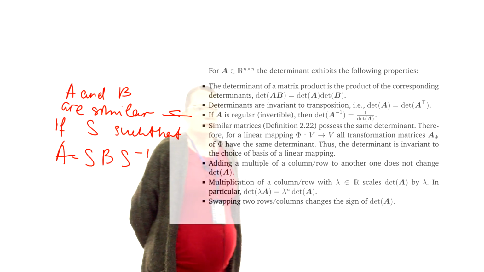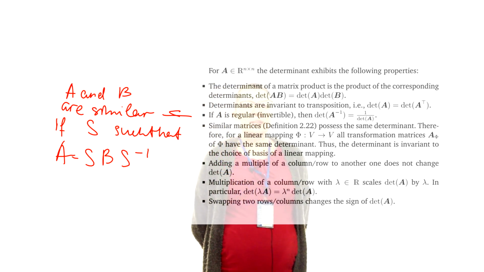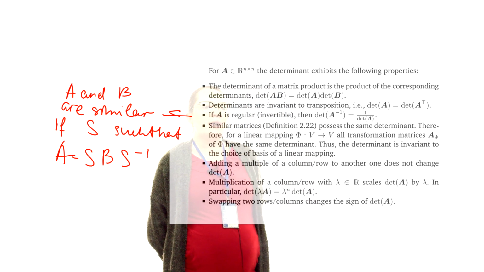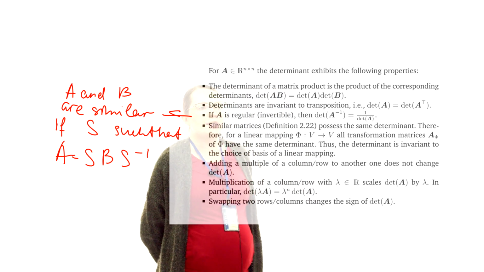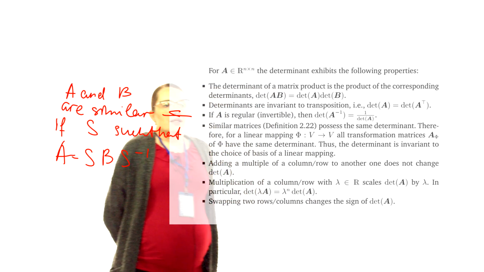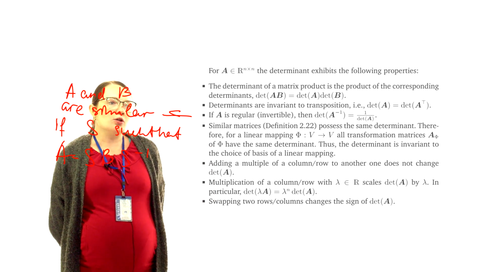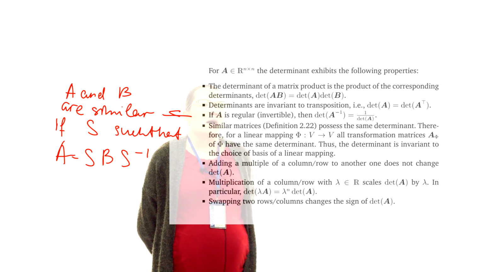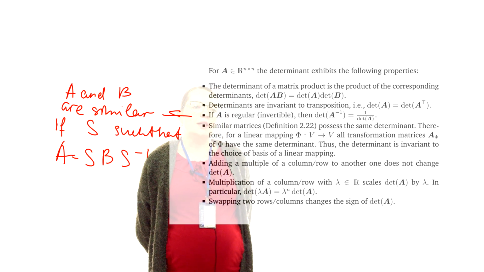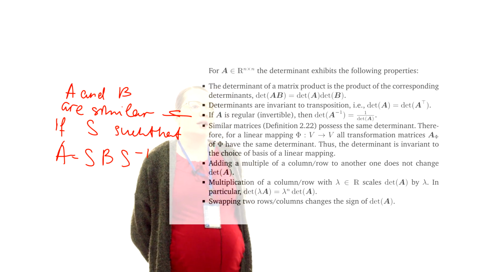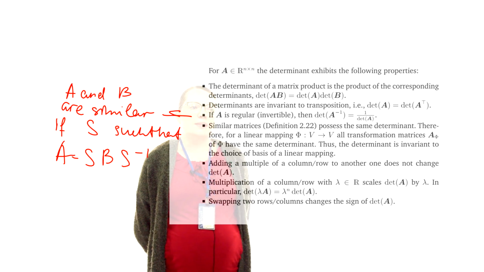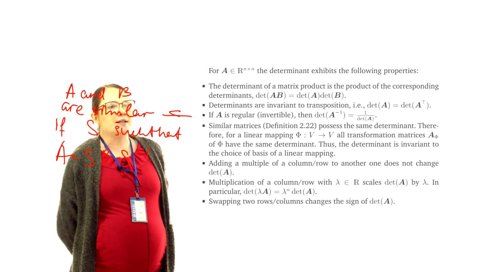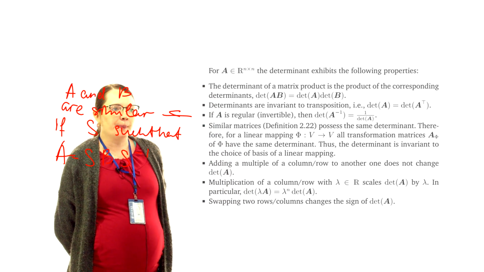So A and B are similar if we can get A by multiplying B by S and S inverse from both sides. This is also the way, in fact, to convert between two bases. And therefore, we can say the determinant is invariant under choosing some basis for a space. So it doesn't matter in which basis you consider the matrix. It always has the same determinant.